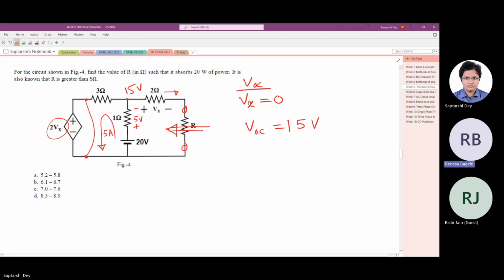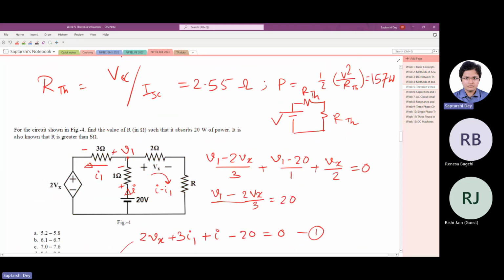So using my equation, it came Vx is equal to 0, sir. And V1, it came 15. You were trying to find out the open circuit voltage. And V Thevenin also came 15 volt. And I_N also 60 by 7.